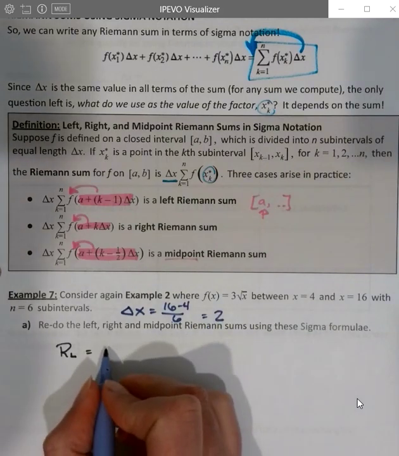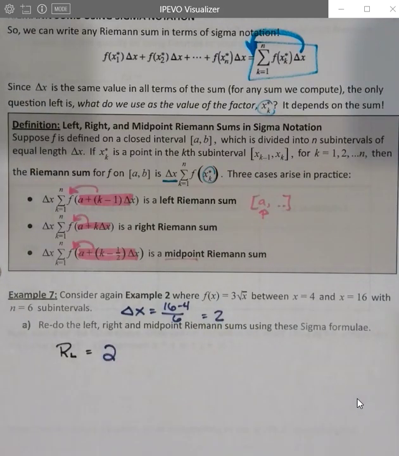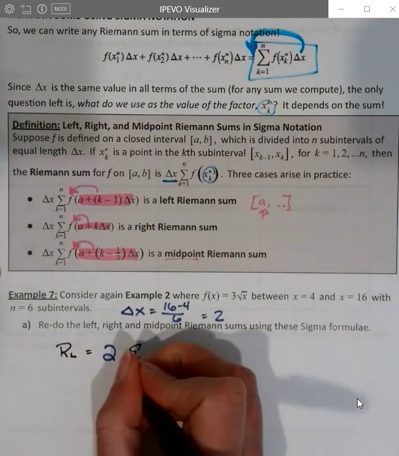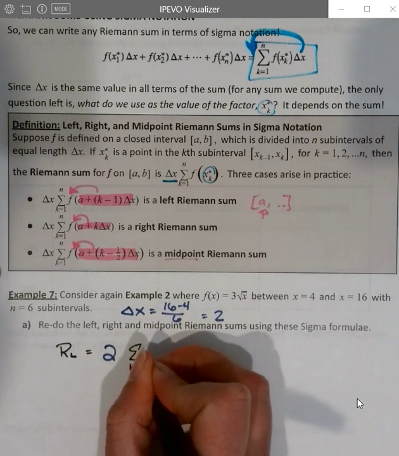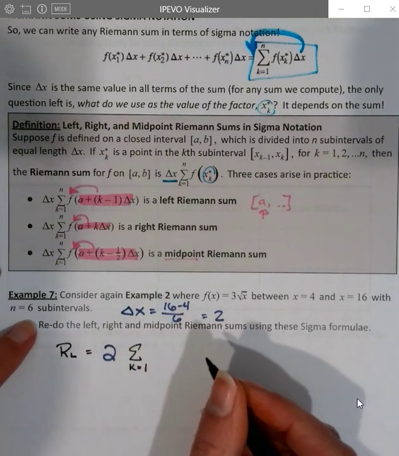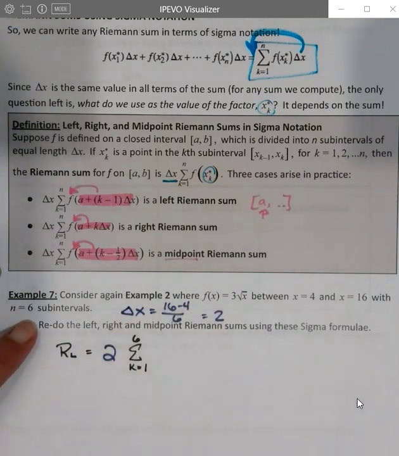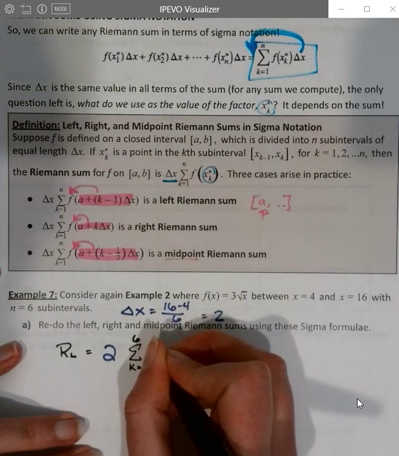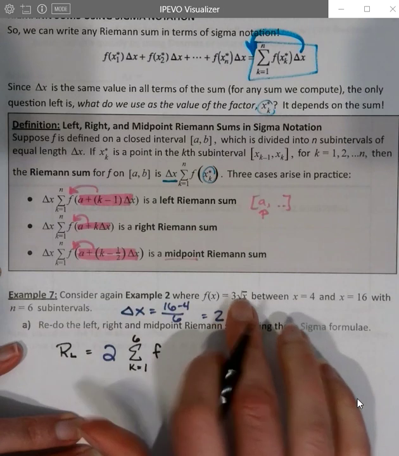So we're going to have our 2, our delta x, times the sum from k equals 1 to n, but n is 6, so it is 6, of f of, I'm just going to write f of first, and then we'll actually use the function f in a moment.